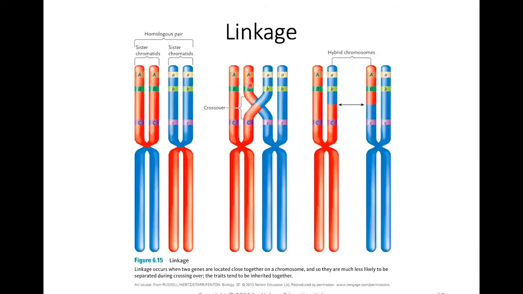The closer that those two genes are together, the more likely that they are going to be paired with one another and be passed on with one another. There's certain recessive traits as well as conditions that are more likely to occur together because they are actually located closer together on specific homologous chromosomes.